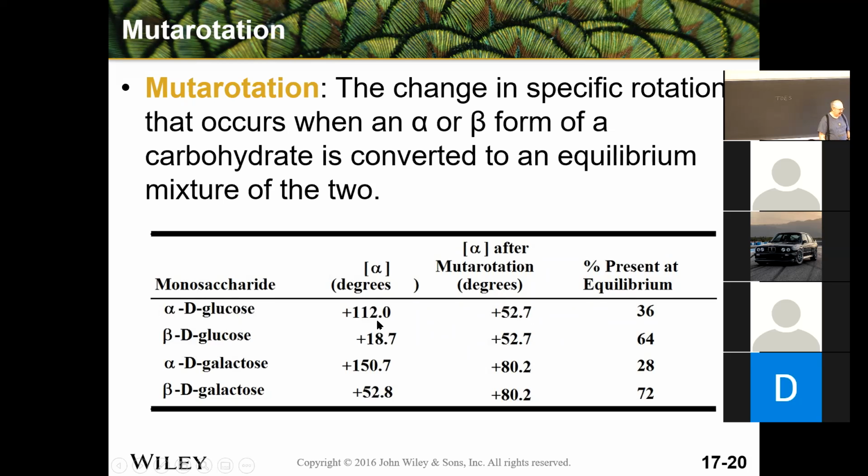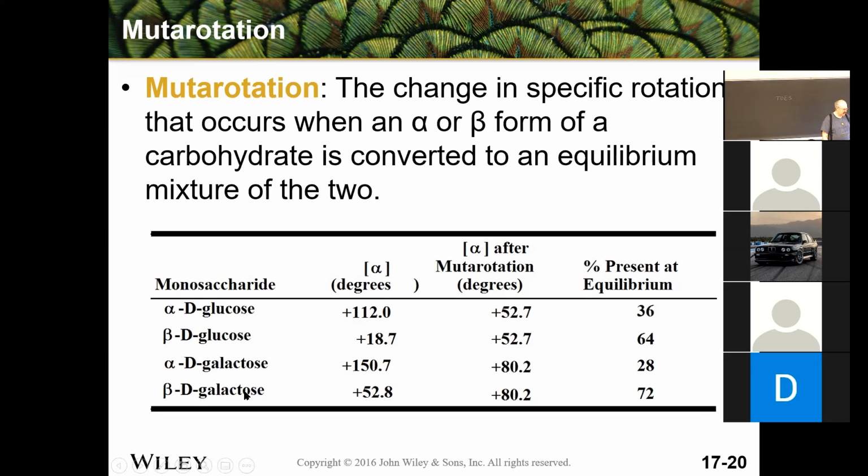At equilibrium, the measured optical rotation changes. When it reaches equilibrium, the measured rotation is 52.7, and this is one of the ways they can tell what the percentages are at equilibrium.